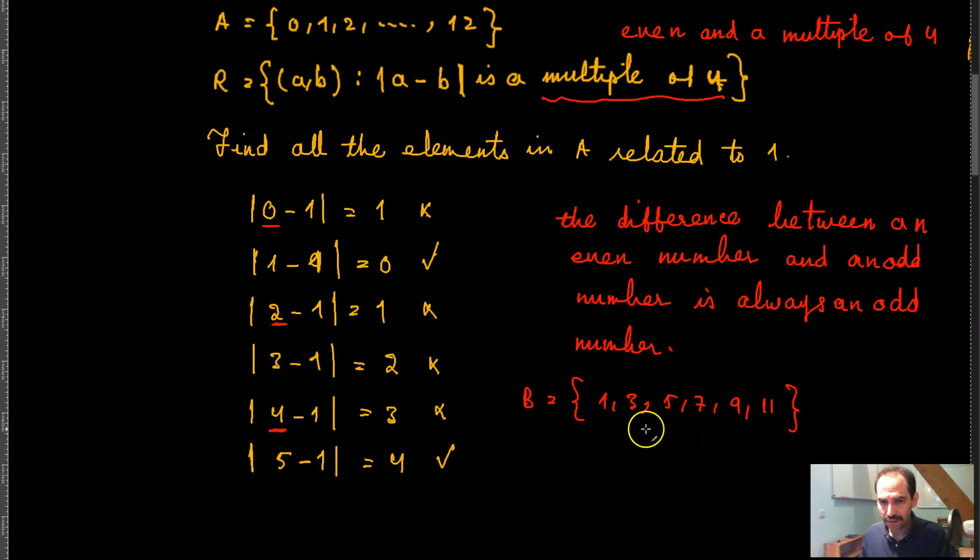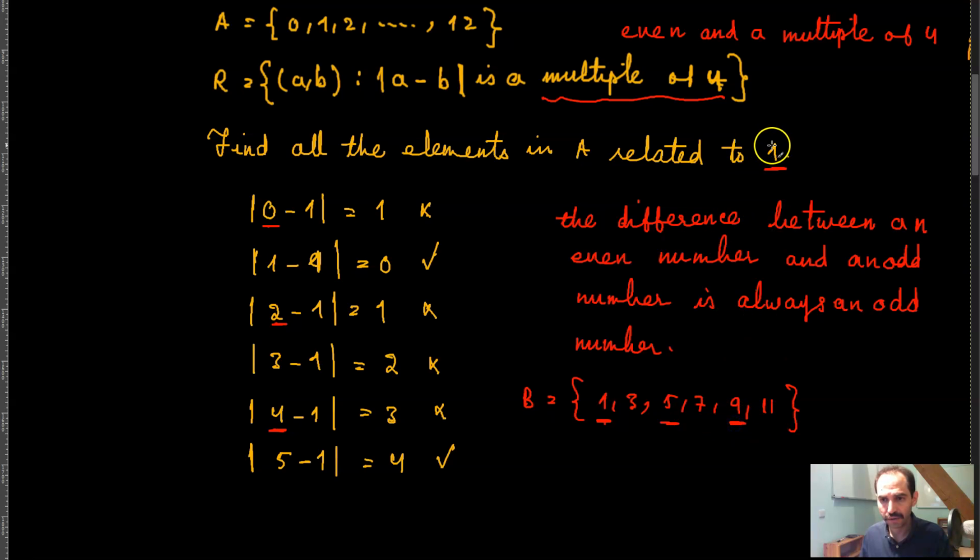So 1 minus 1 is equal to 0, so 1 is there. 3 minus 1 is equal to 2, which is not a multiple of 4. 5 minus 1 is equal to 4, a multiple of 4. 7 minus 1 is equal to 6, not a multiple of 4. 9 minus 1 is equal to 8, a multiple of 4.